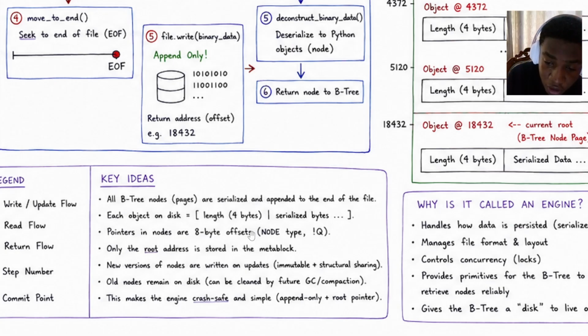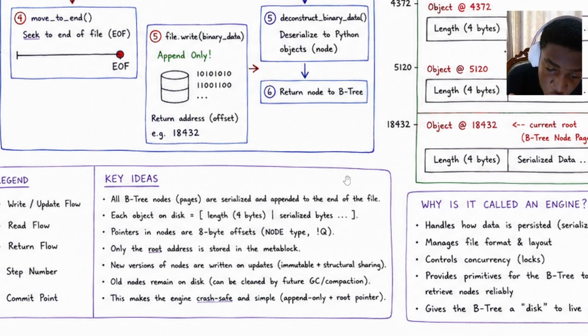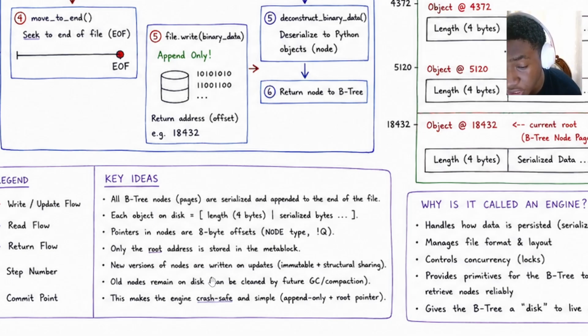Then we have formats to know what type of bytes we are going to read or store. For example, in a node we have 8 bytes, so it will read 8 bytes, and it has this format so that we can tell the struct module how many bytes we're going to read. The root address is stored only in the meta block, because like I said previously, the B-tree is immutable, things cannot change.